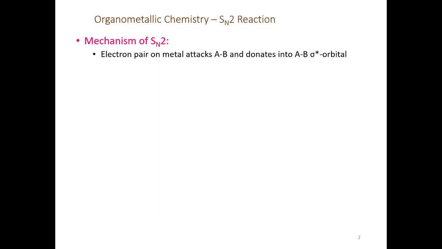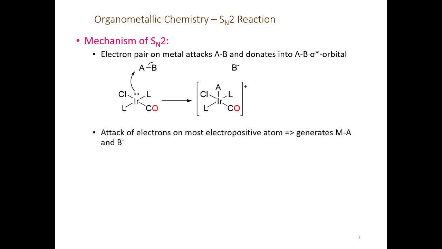The mechanism of an SN2 oxidative addition, on the other hand, is a little bit different from that of a concerted addition. So for an SN2 type mechanism, you get nucleophilic attack of the metal on the AB substrate. Another way of saying that is that an electron pair from the metal center donates into a sigma star antibonding orbital for AB. Now the first part of an SN2 type mechanism of oxidative addition is shown here.